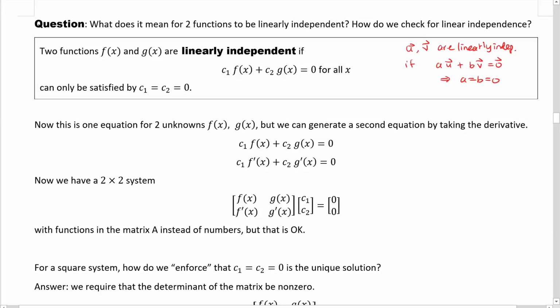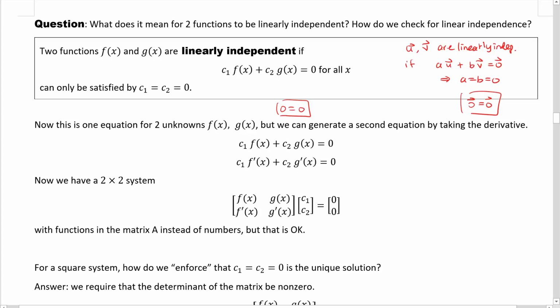So if a and b are both 0, you get 0 equals 0 when you plug in, which tells us nothing. That's why u and v are independent. Same thing here. If c1 and c2 are 0, you just get 0 equals 0. It tells us nothing, so there's no relationship between f and g. So they are linearly independent.